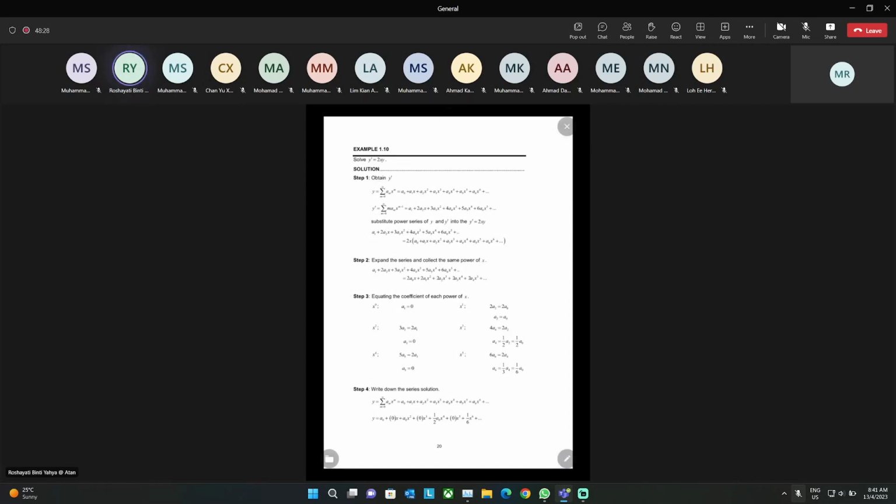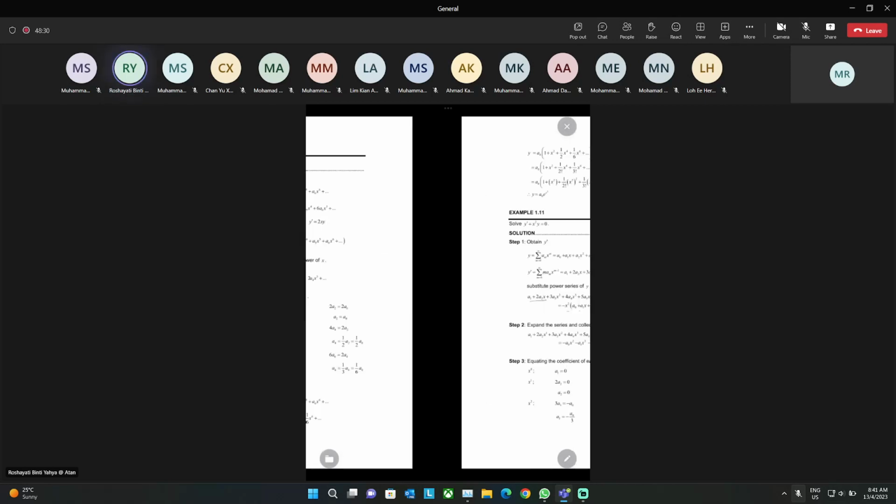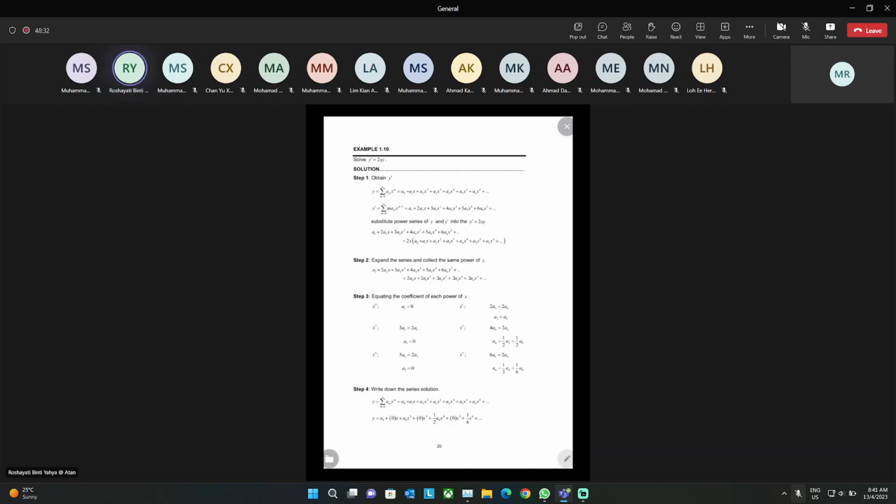So we go for the next step. Look at here. Now you have y equal to a naught. This y is represented by a naught.